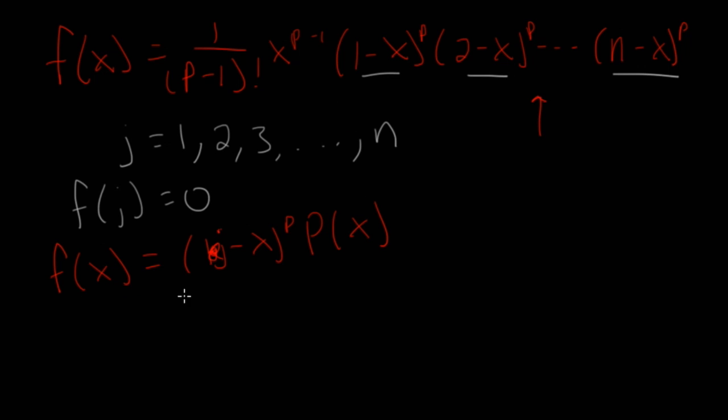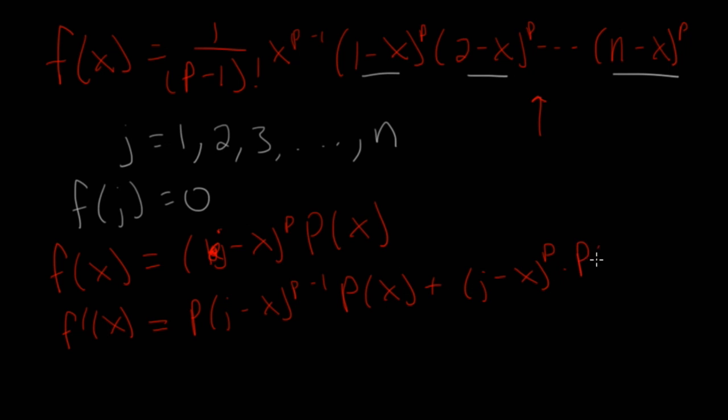And so now if we apply the product rule, we will get that f prime of x is p times (j minus x) to the power of p minus 1, times p of x, plus (j minus x) to the p times p prime of x.